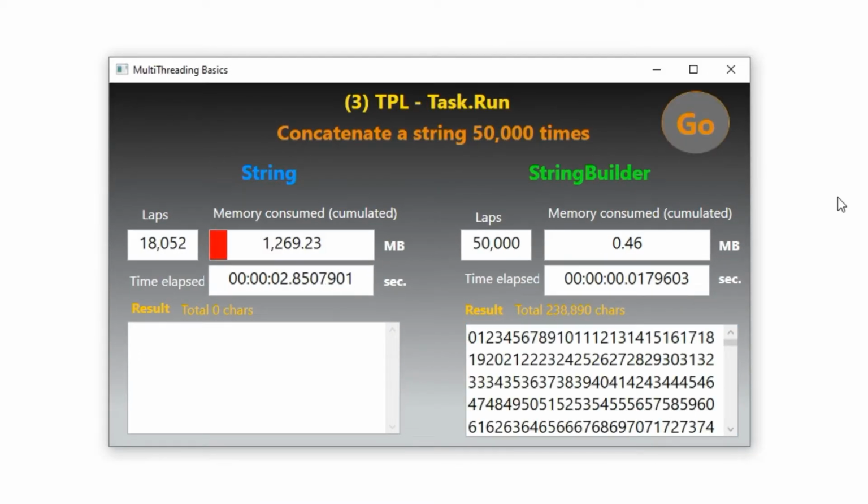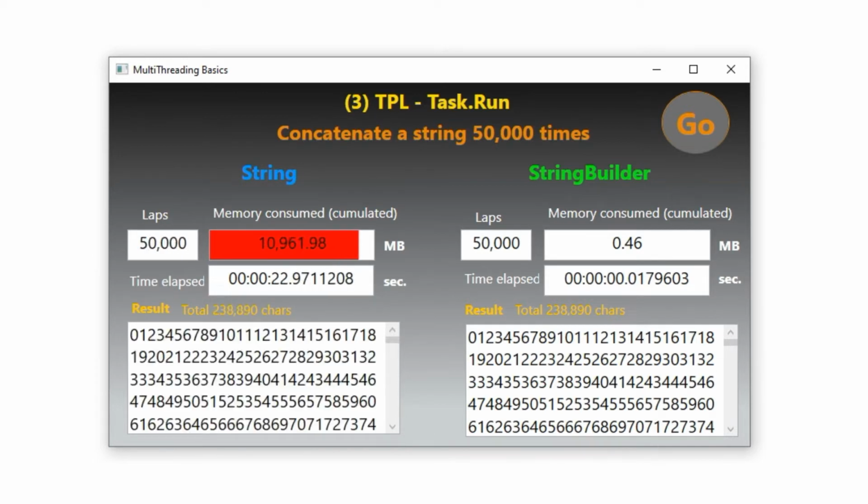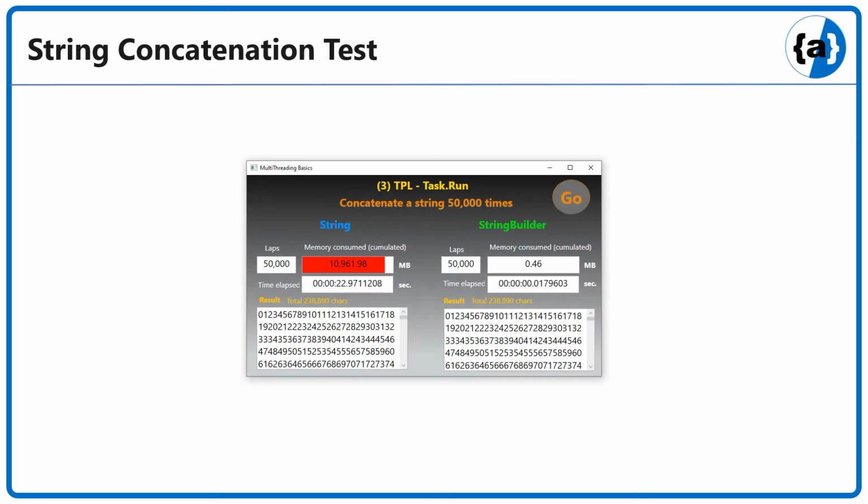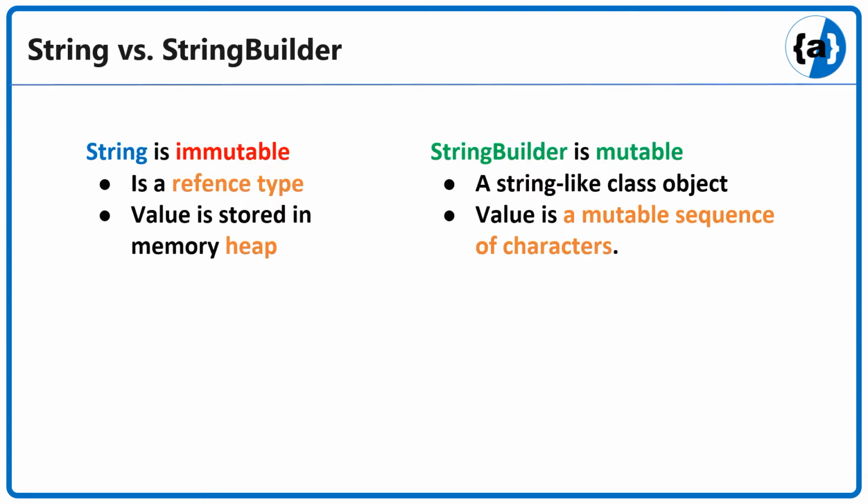Wow, the StringBuilder finished 50,000 loops in less than 1 second, and the string concatenation is still running. Okay, now they are both finished. Concatenating a string so many times is pretty slow, isn't it? Let me tell you why.